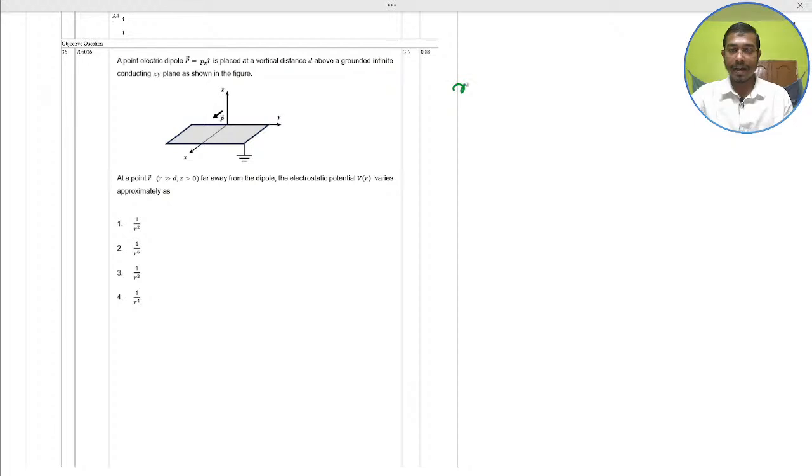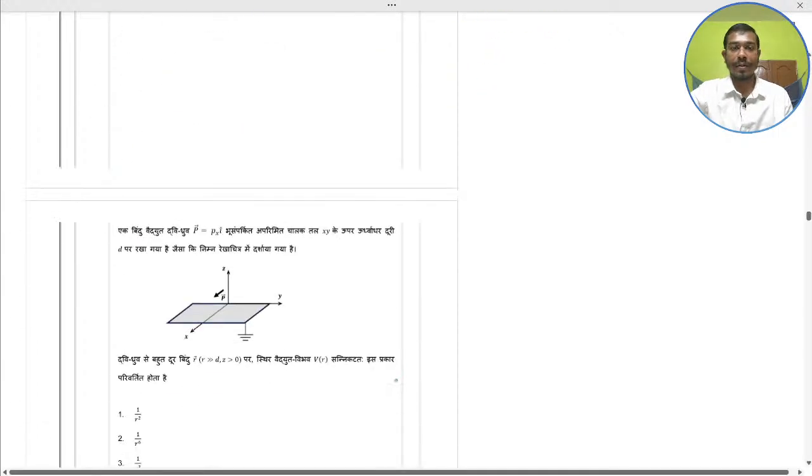So for r greater than d, the system effectively forms a quadrupole due to the dipole and its image. Okay, dipole and its image, so quadrupole. And for quadrupole, the potential varies with 1 by r cube. That would be the correct option. Option 3, 1 by r cube.